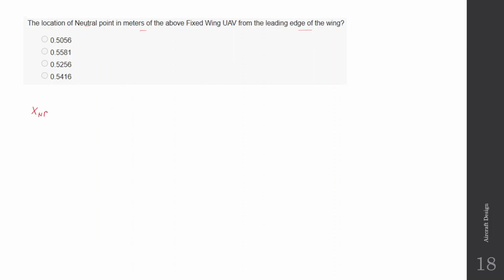So XNP. Notice here that I have not written the bar over here. I'm writing this in absolute units, not divided by the chord length. This is CL alpha wing into X AC wing.